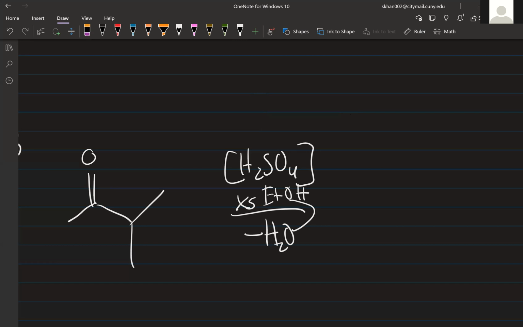And then the last part, this minus H2O, has to do with the equilibrium. If you control how much water is in here, you could push it forward, or basically it'll be a process backwards. This is called the Dean-Stark method, I believe. Usually when people are doing these reactions with carbonyls to create acetals, amines, and so on, there's something called a Dean-Stark apparatus, which removes water from the reaction.